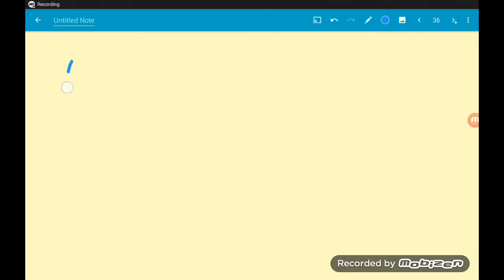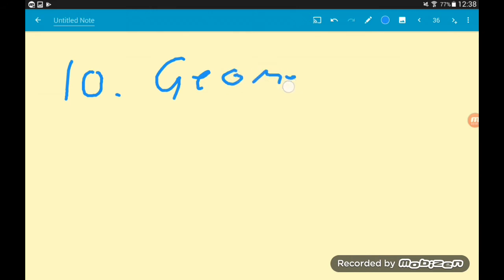Okay, and at number 10, I'm going to go with a cheeky bit of geometry. So geometry is incredibly vague. It's a topic all in itself. So things like straight line graphs, y equals mx plus c, finding gradients, finding y-intercepts, missing angle problems.